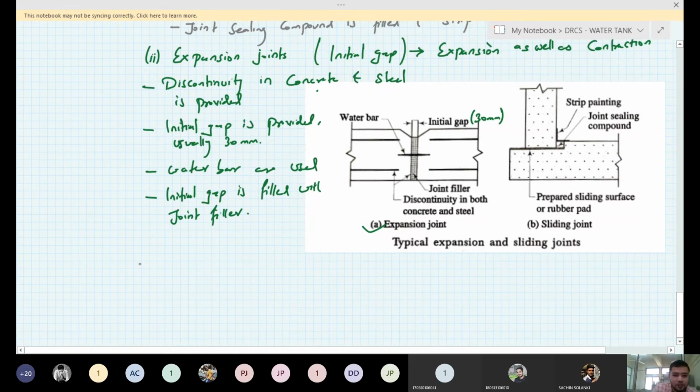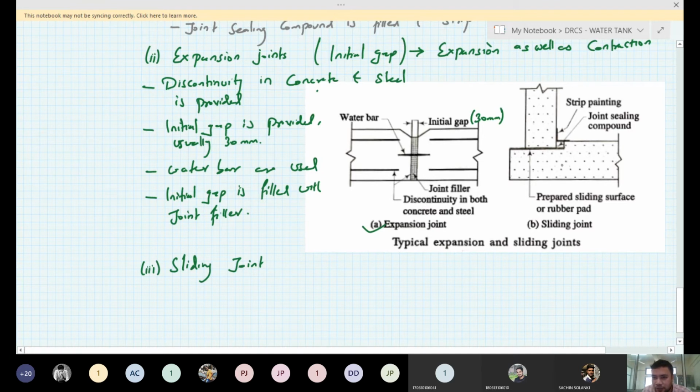Okay, and the third type is the sliding type joint. Now in this joint, there is a discontinuity in the concrete as well as steel. This is usually provided in tanks, rectangular tanks, or it can be circular also.